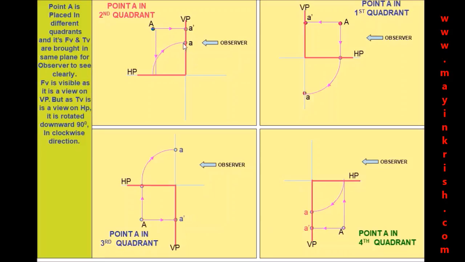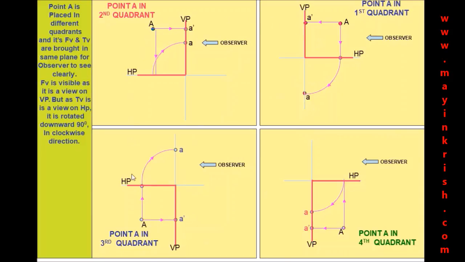So it makes it difficult to understand the views projected above and below the XY. But in the first quadrant and the third quadrant, the views are in different places, in the sense one above the XY and one below the XY. So we can understand the views projected in the first and the third quadrants in the easiest manner. So we prefer only the first and the third as it is a convenient procedure.